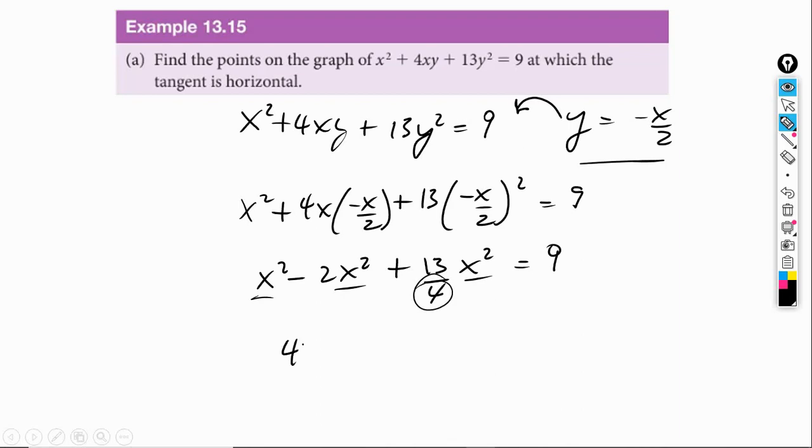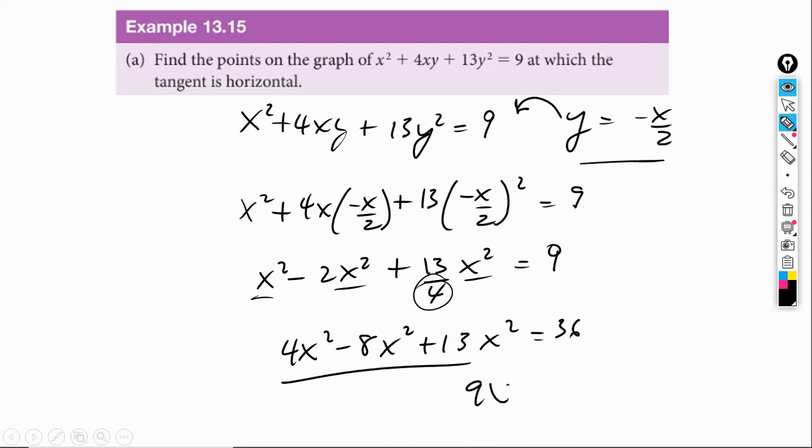This is going to be 4x squared minus 8x squared plus 13x squared equals 36. So if we add like terms, we're going to get 9x squared equals 36. That means that x squared equals 4. So obviously this has two solutions, x equals 2 and x equals negative 2.